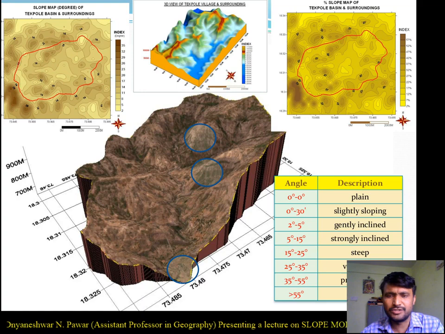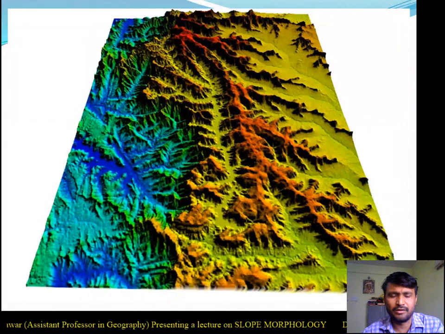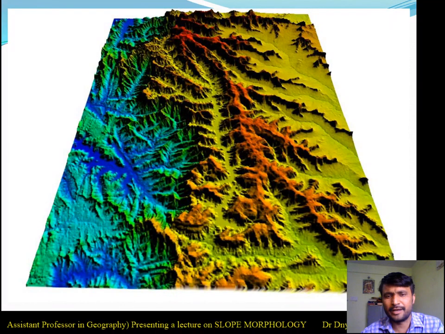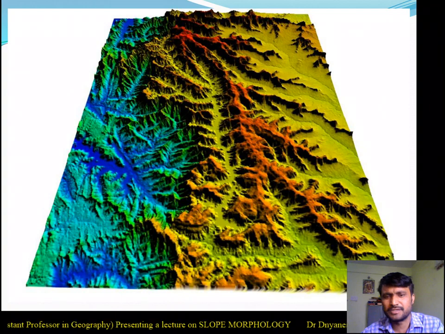When the angle is 0, it is plane, and when the angle is greater than 55, it is an escarpment. In slope morphology, when we consider any portion of the land at the micro level, we can see different slope segments of the earth.